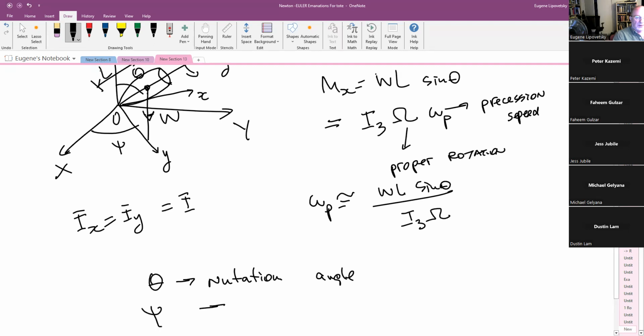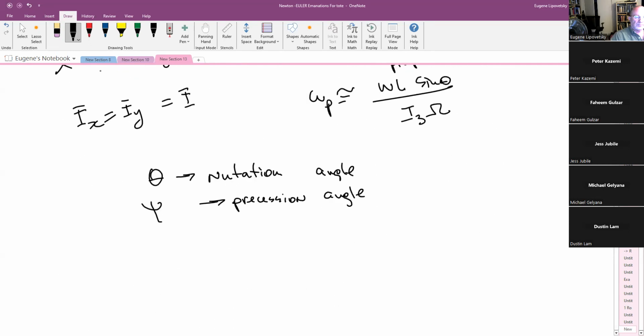Psi is precession angle. And the phi is the spin angle about z axis.